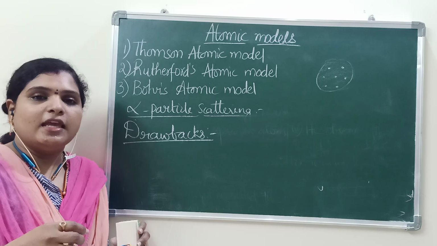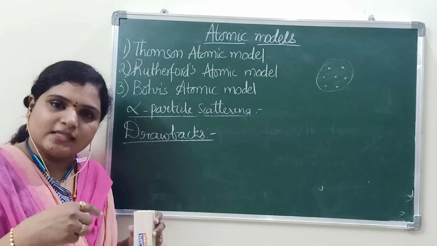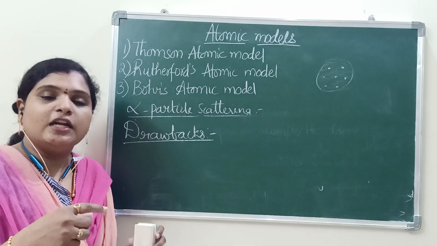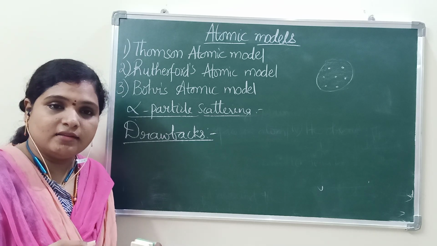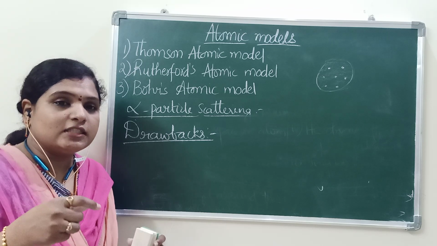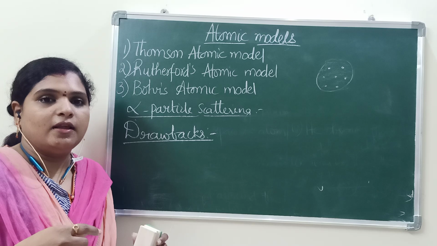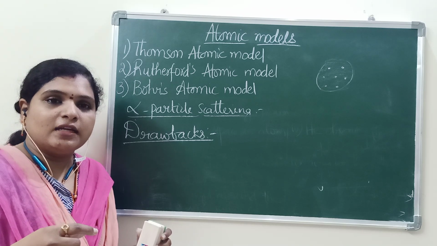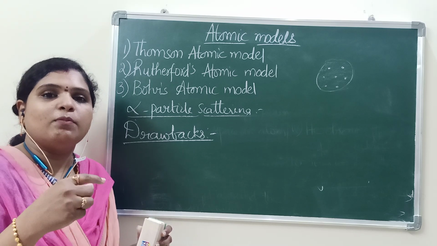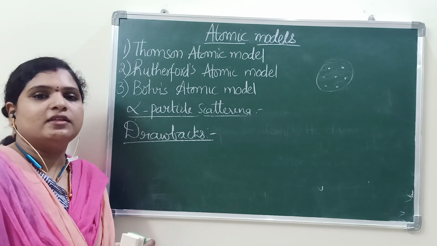Why? If any particle is rotating or revolving in a circular path, it will accelerate, if it is a charged particle. Anyway, the electron is a charged particle. Any charged particle, if it continuously moves, will radiate energy.